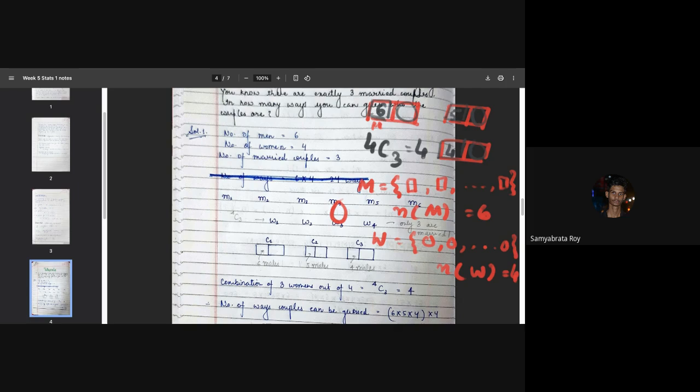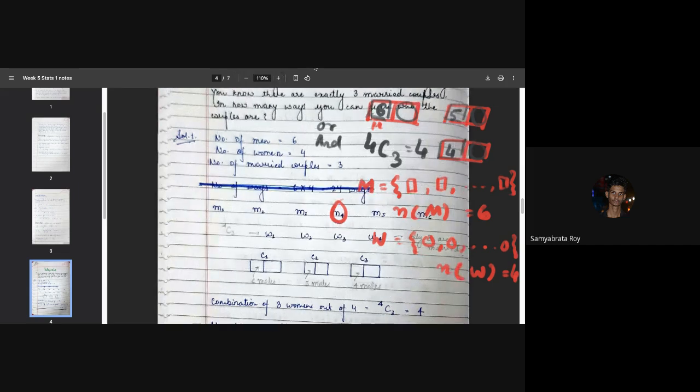Which phrase is more appropriate, or or and? Aren't these happening simultaneously?